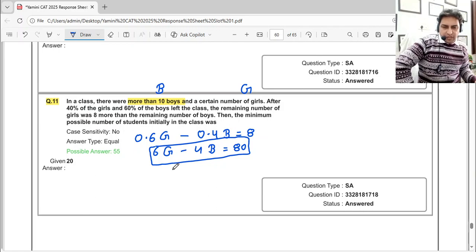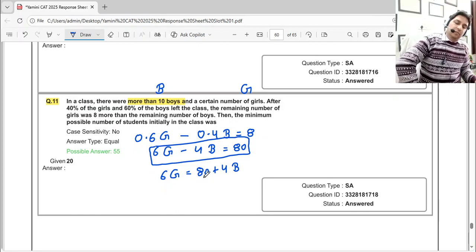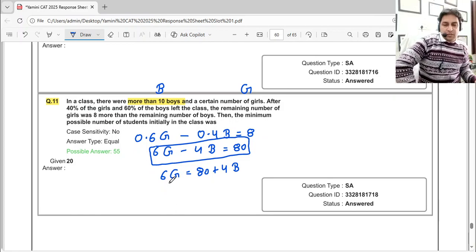So we know boys are more than 10, so we can start putting values of boys, but that means 6G is equal to 80 plus 4B. So what value of B satisfies this complete equation? 6G should be a multiple of 6.